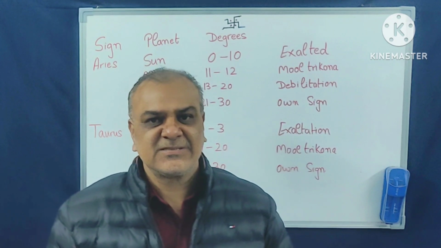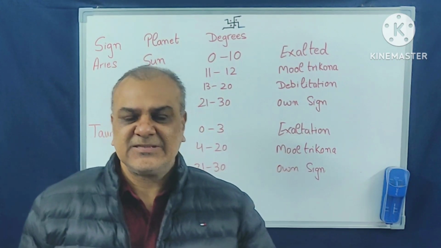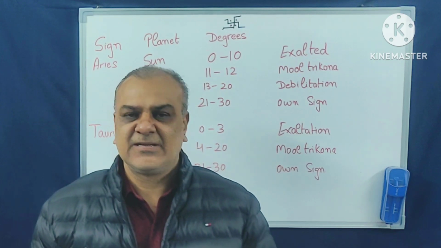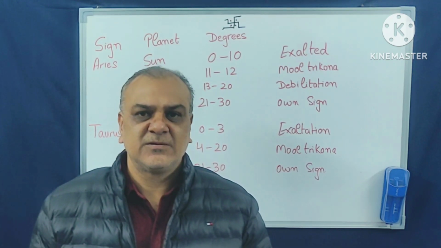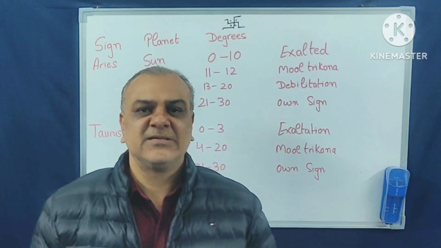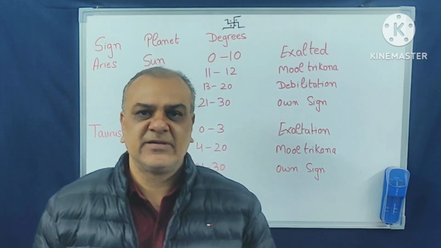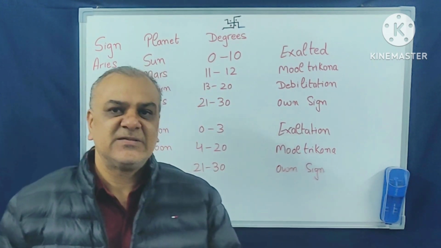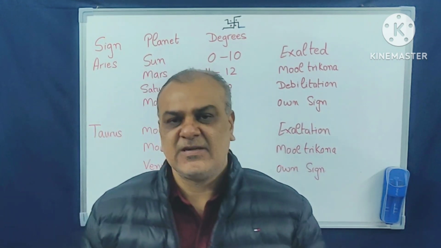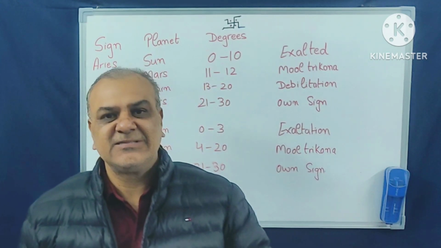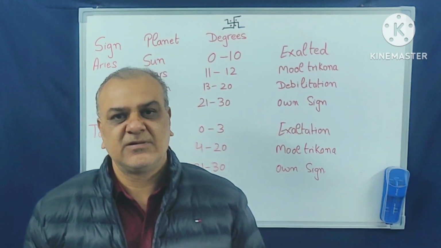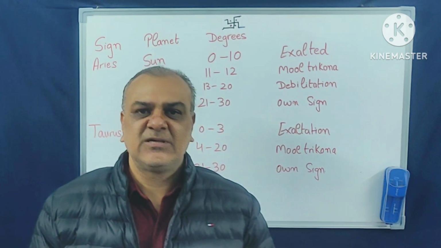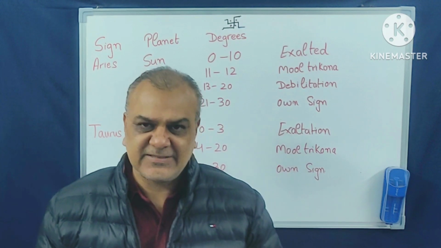A lot of mistakes are made when people just see the placement of a planet in an exalted sign and, without any second thought, say that Sun is exalted or Saturn is exalted, you will get very good results. But actually when the native is sitting in front of you and you are analyzing his chart, he straight away denies your statement and says that even if Saturn is exalted in my chart, I'm not getting the desired results.